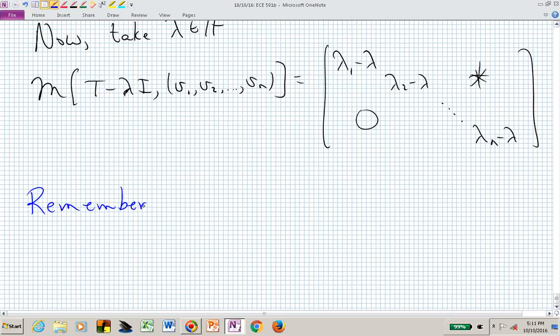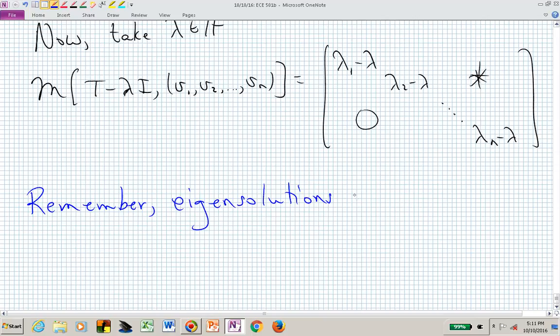And now we can start showing this relationship. Remember, eigensolutions, meaning solutions to our eigenvalue eigenvector equation, Tv equals lambda v.